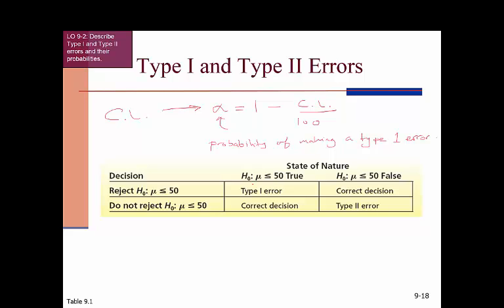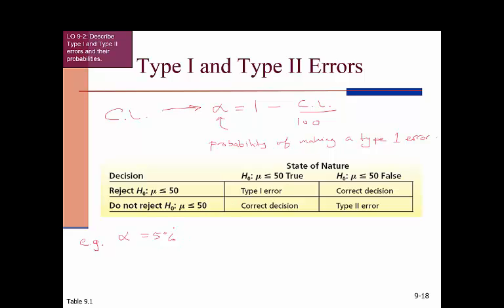Type 1 error is an error that occurs when you reject the null hypothesis when in fact the null hypothesis was true. Okay, so by putting alpha at 5%, you're saying you have a 5% probability of rejecting the null hypothesis when in fact the null hypothesis was true.